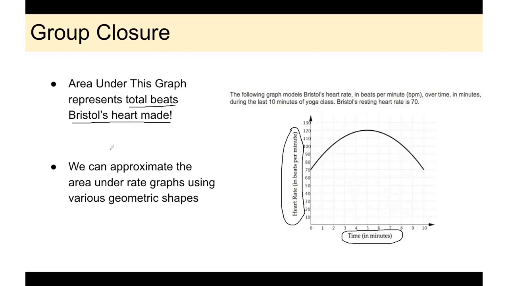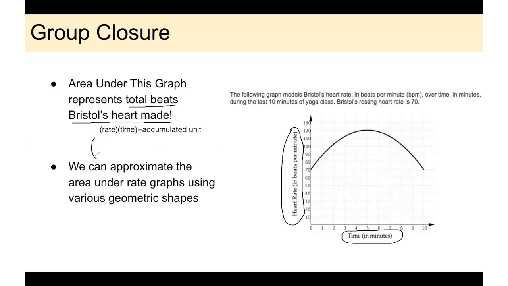So let me write it here so I can make sense here. So remember, one of the big ideas is rate times time equals accumulated unit. That was a huge big idea. In our scenario, the rate is the beats per min. So I'm going to write that right here.